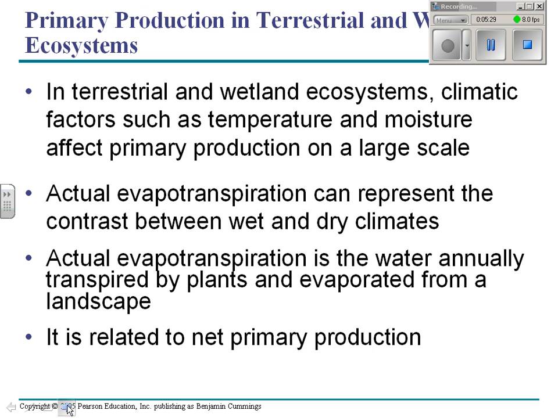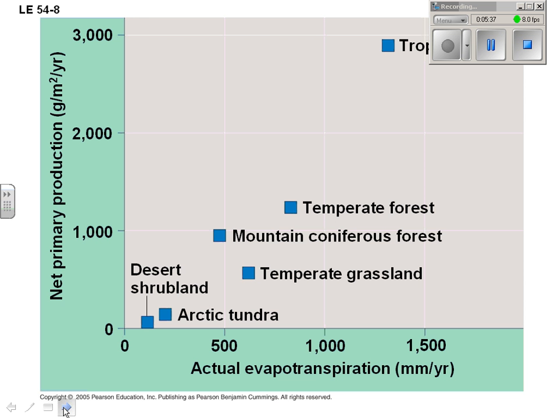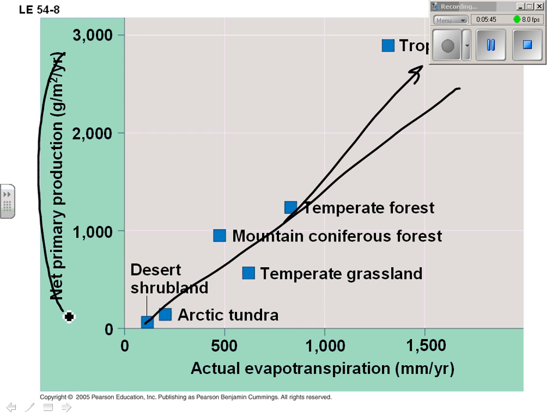So in wetland ecosystems, there's other factors, climate factors, and we can measure that by measuring how much evaporation happens, or what's called evapotranspiration. So as we draw a graph, the more water produced by organisms, the greater the primary production, and that kind of makes sense.